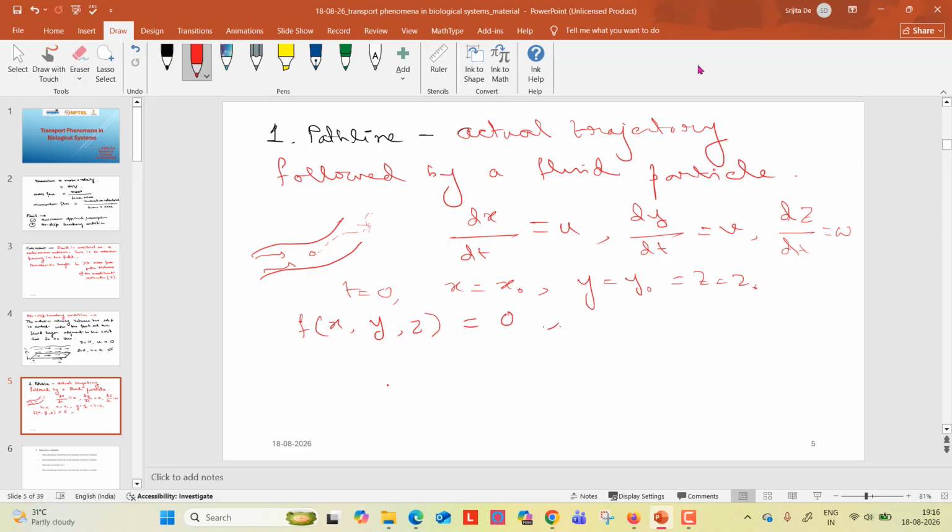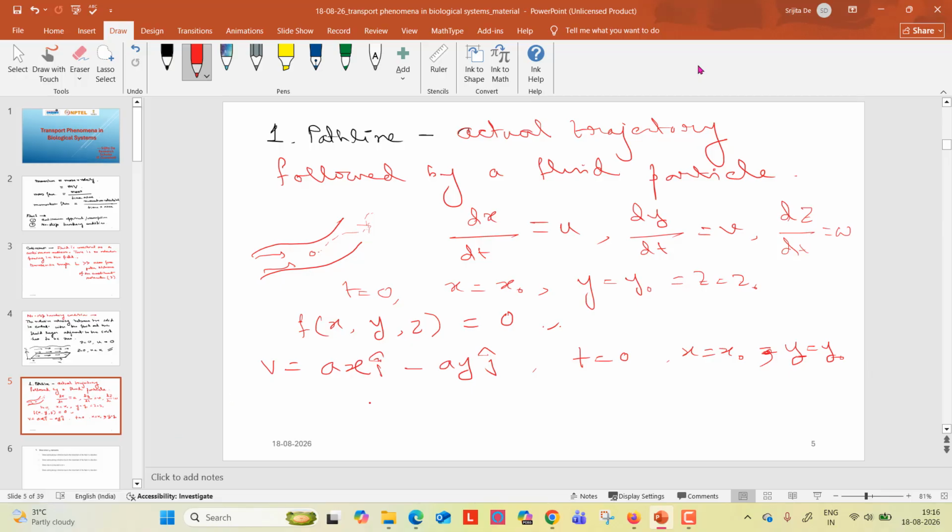Now suppose I am giving an example. Suppose there is a particle, and it has a velocity ax i cap, a unit vector, and minus ay j cap. Its position at t equals 0 is x equals x0 and y equals y0.